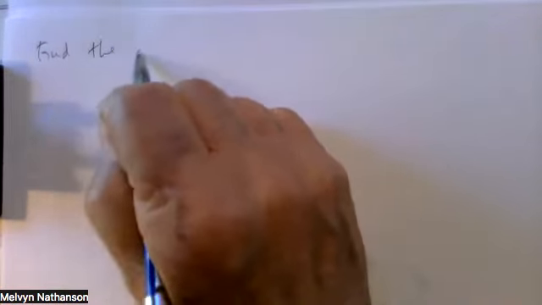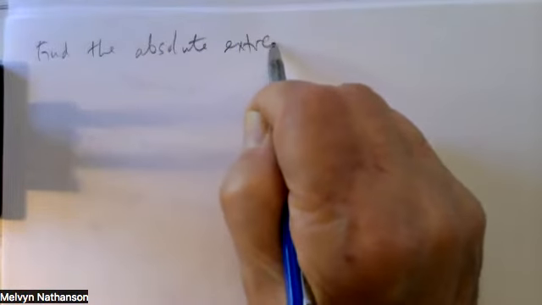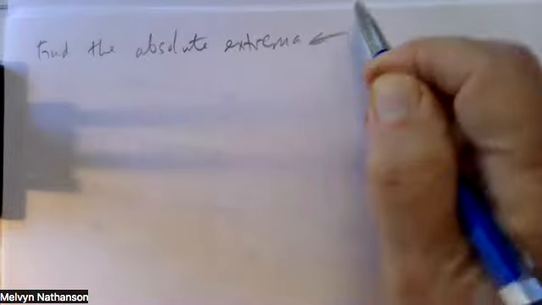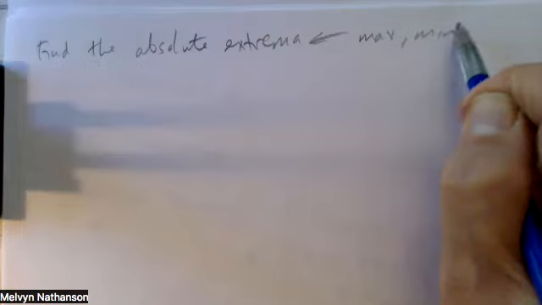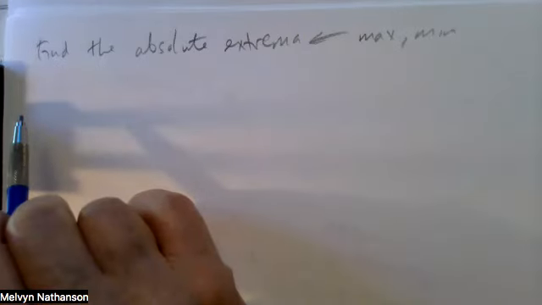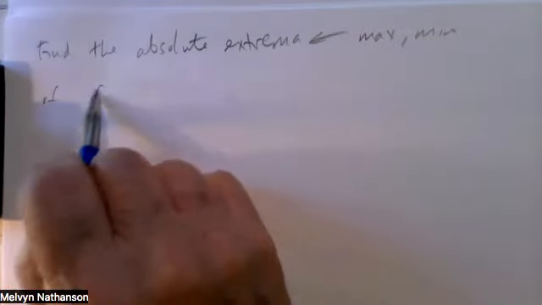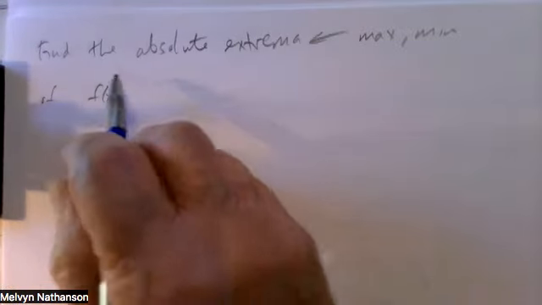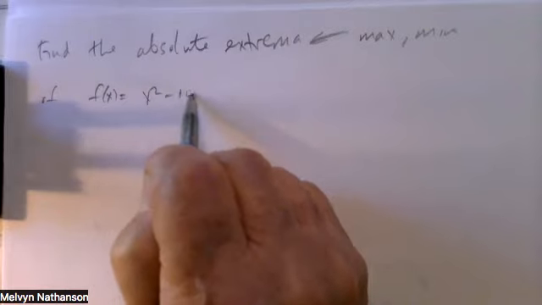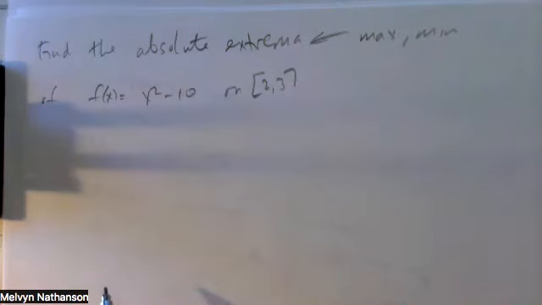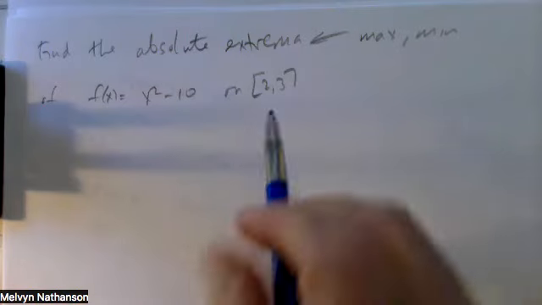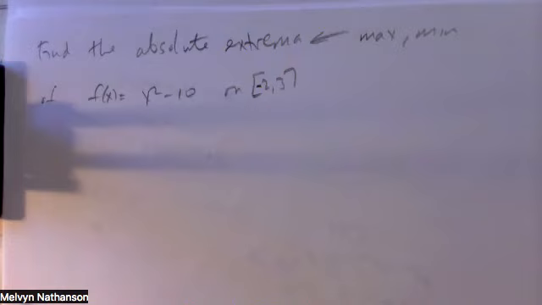Find the absolute extrema. That means the absolute max and the absolute min of a certain function on a certain interval. So for example, of f of x equals x squared minus 10 on the interval from minus 2 to 3.